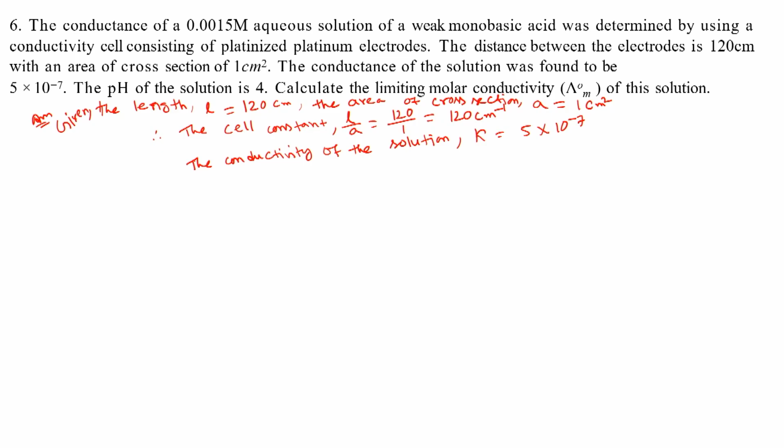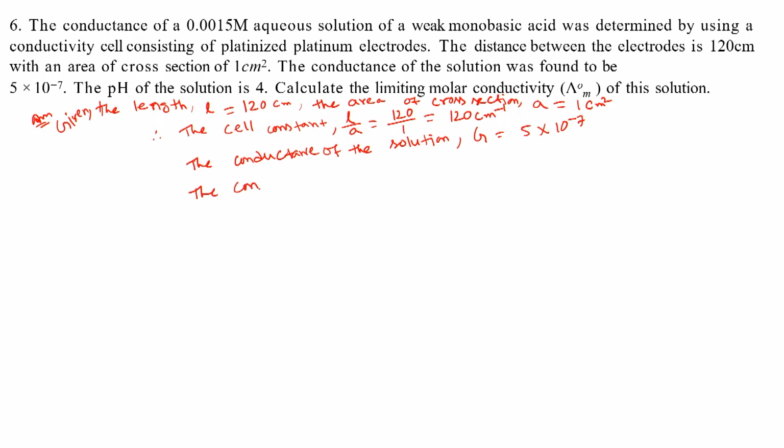Okay, no, not conductivity. The conductance of the solution is given. So this is not kappa. This is G that is given. So we can calculate kappa, the conductivity of the solution.